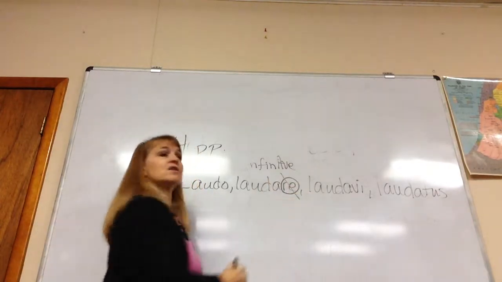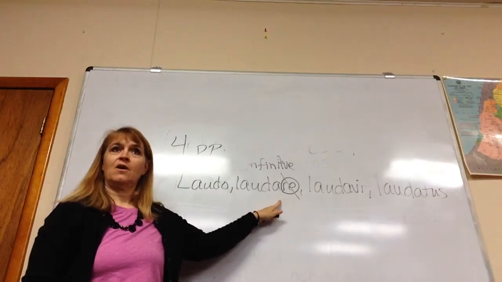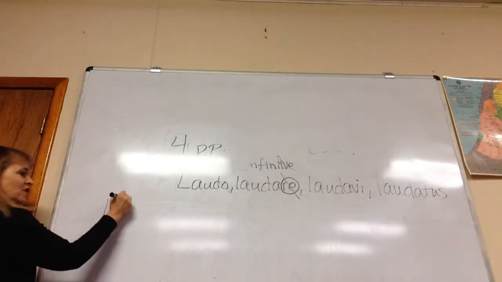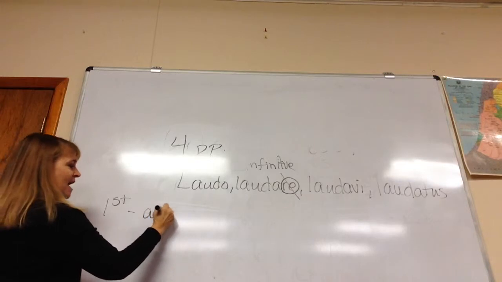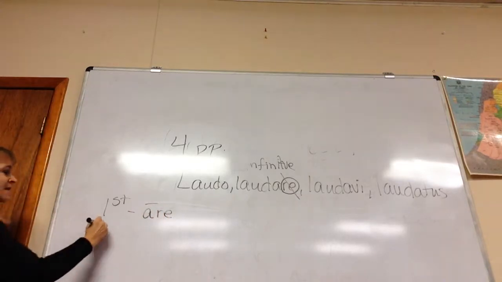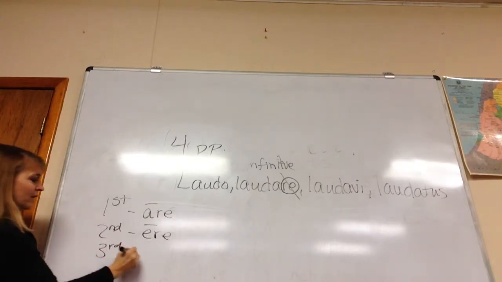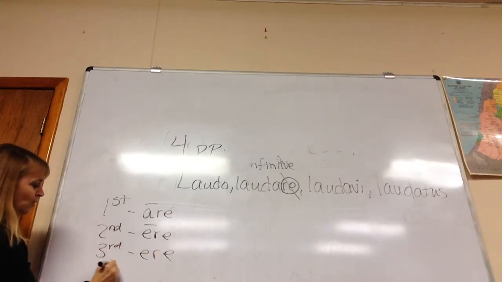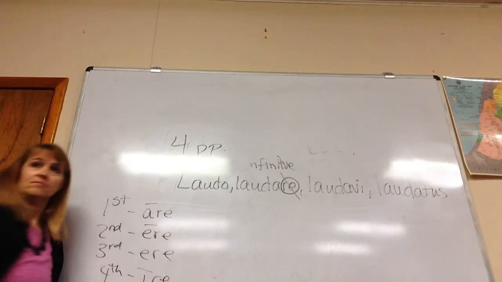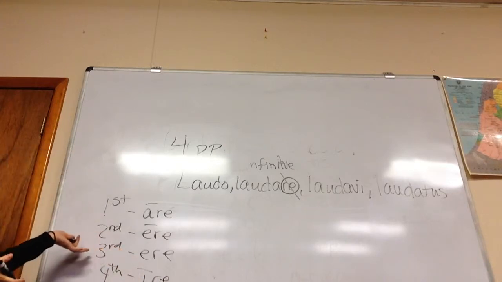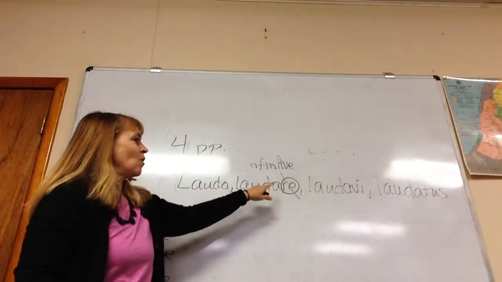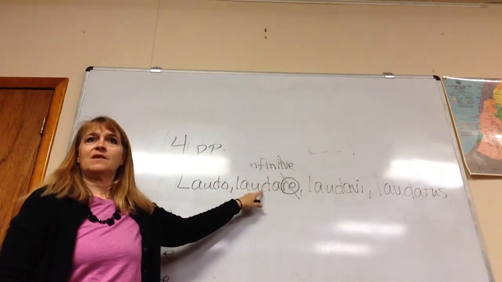It also tells us our conjugation. First conjugation, infinitive ends in ARE. Second, ERE with a macron. Third, ERE no macron. And fourth, IRE. So that's their families.